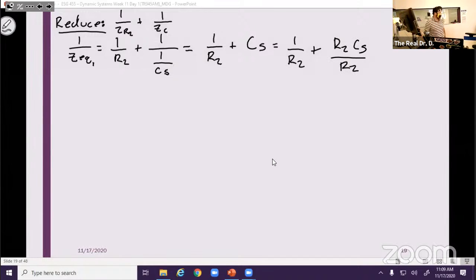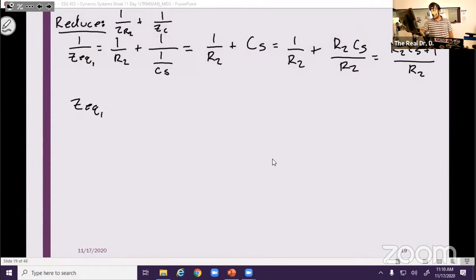All right, all I did was multiply it by 1, so it doesn't change anything. Common denominator. Why do I want to do that? All right? Because this is equal to 1 over ZEQ. And I need ZEQ. So I have to take the inverse of this, right?